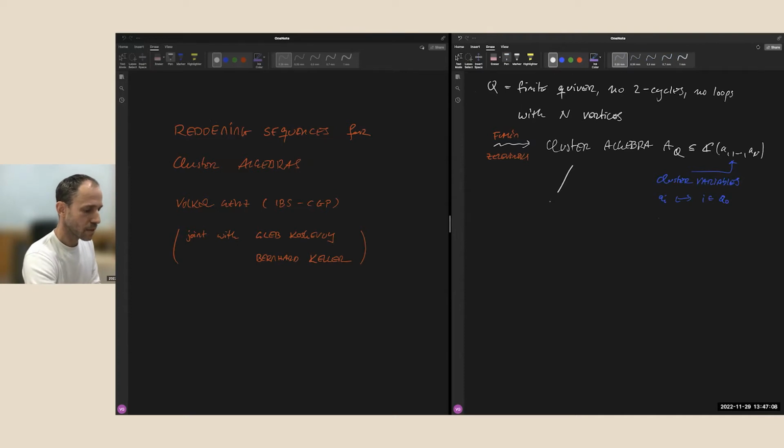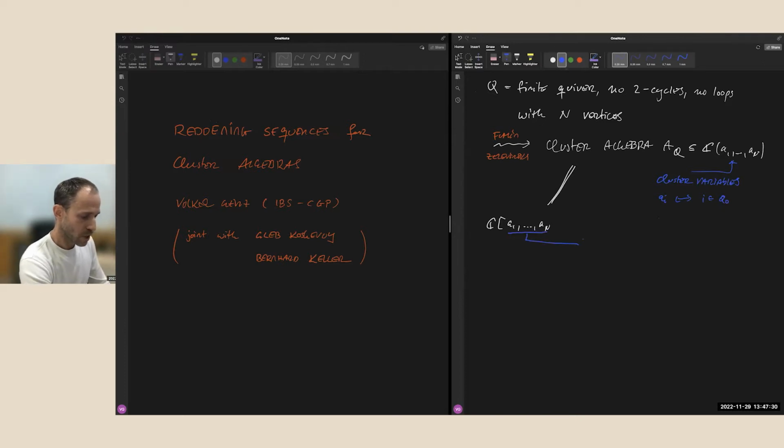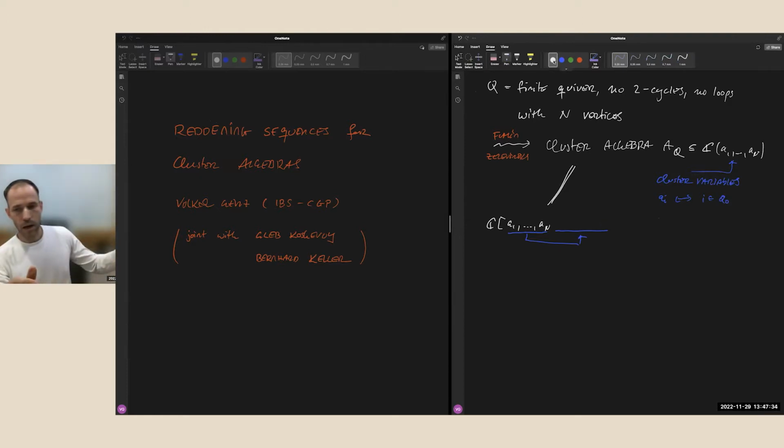More precisely, the cluster algebra is generated by a recursive procedure. So first we define the initial cluster variables, A1 to An, corresponding to our vertices, as generators. And then there's a recursive procedure called mutation. We can mutate at each vertex of the quiver to obtain a new quiver, a mutated quiver, and a new set of cluster variables.